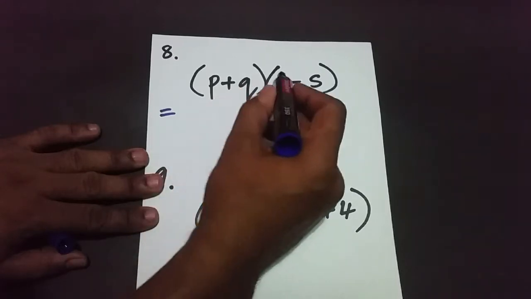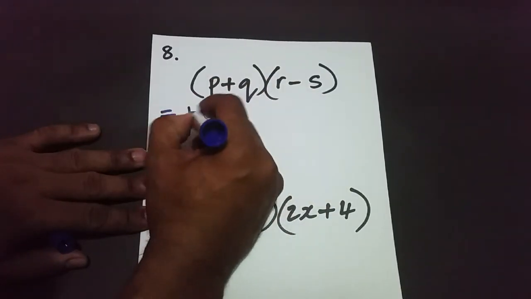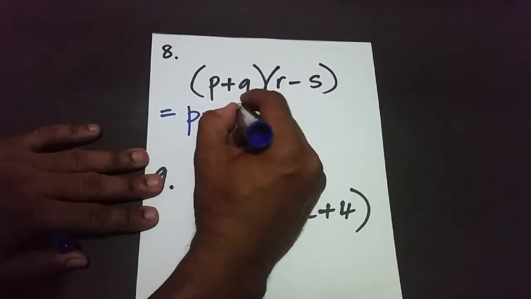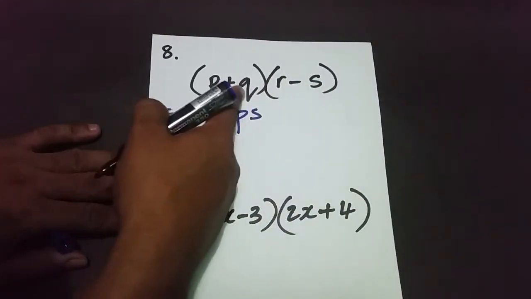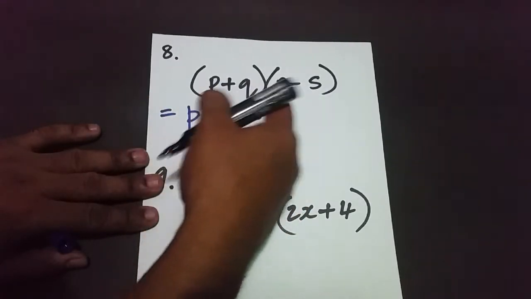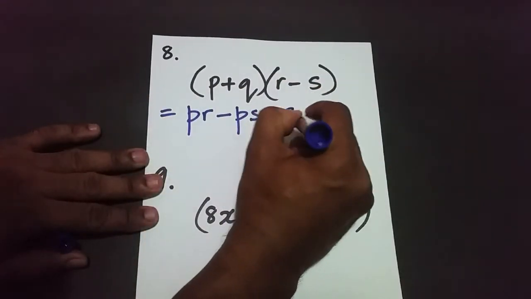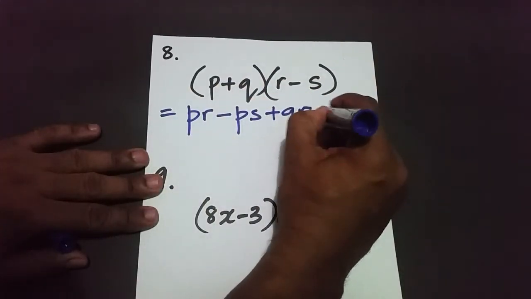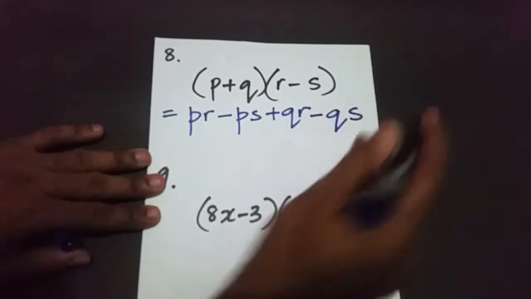So positive p times positive r, that's pr. Positive p times negative s, that's negative ps. Then we move on to the positive q here and start the process again. So positive q times positive r is positive qr, and positive q times negative s is negative qs.